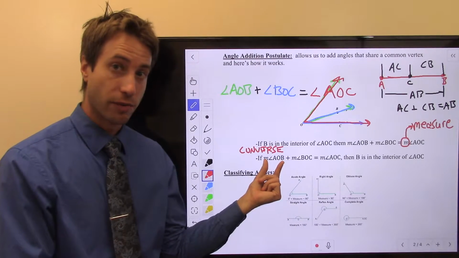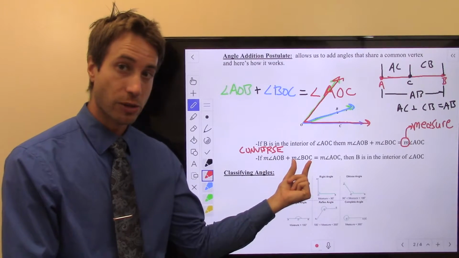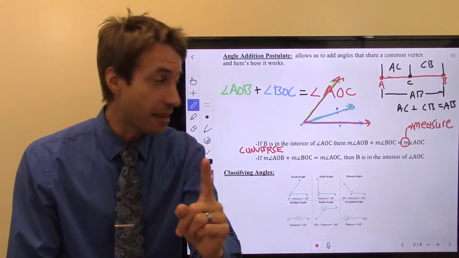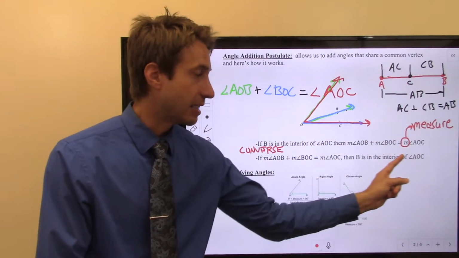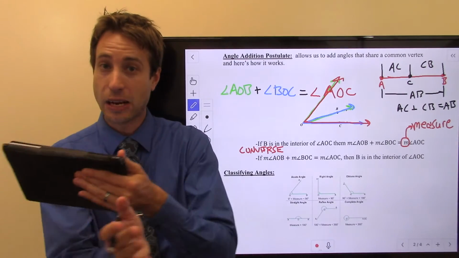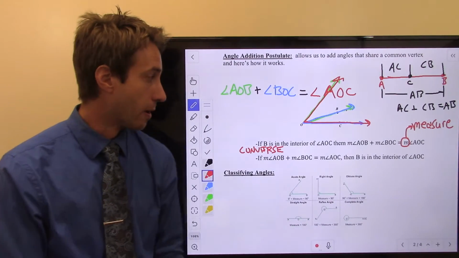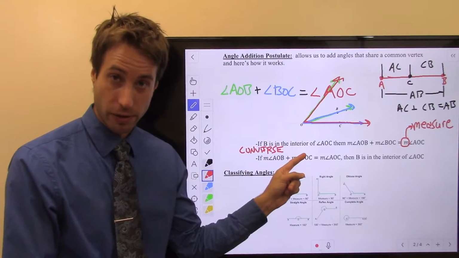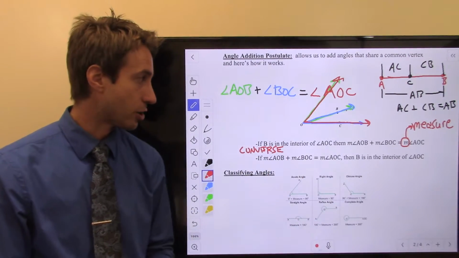The measure of the smaller angle plus the measure of the other smaller angle is equal to the measure of the larger angle if point B is on the interior of AOC. Right? It's saying the exact same thing, just in the reverse order. Segment or angle addition postulate, the converse of the angle addition postulate.